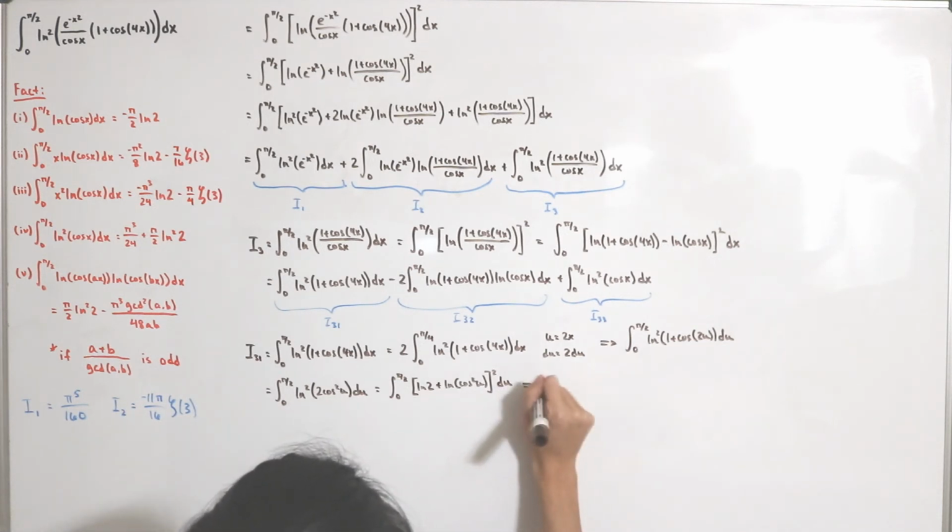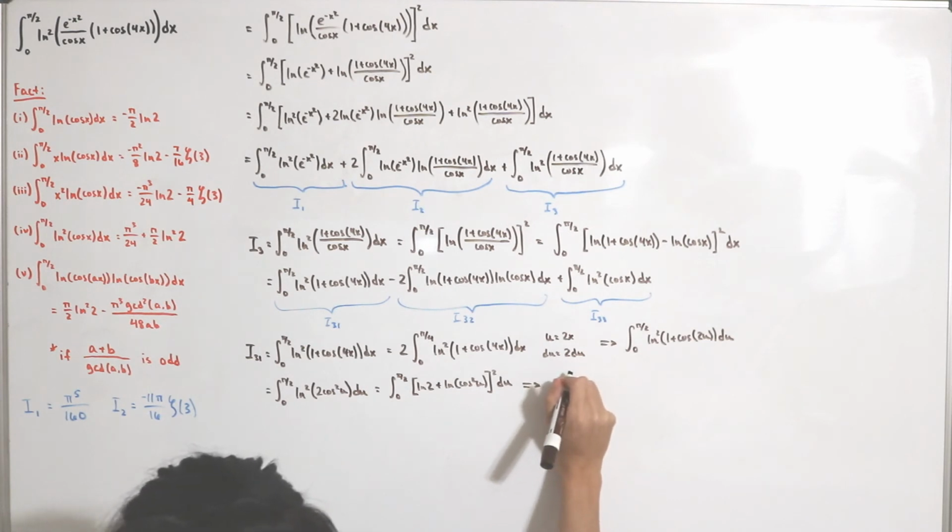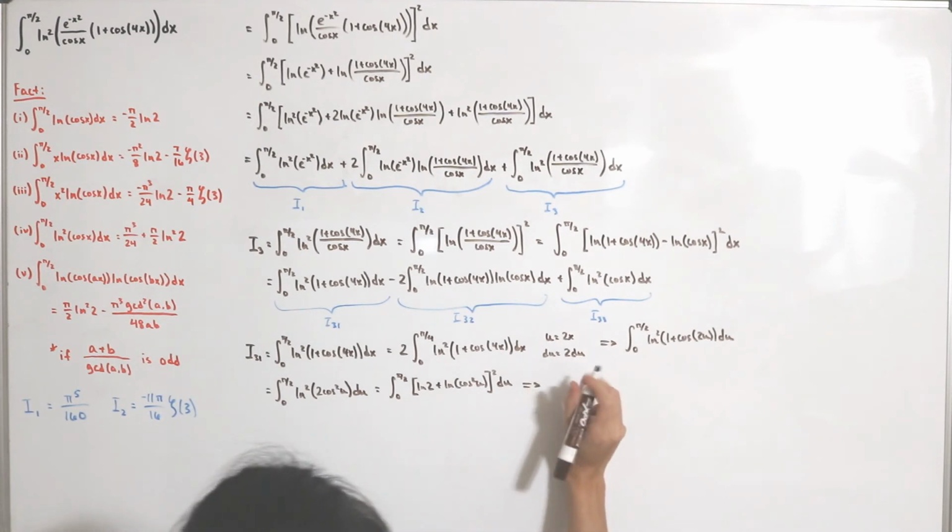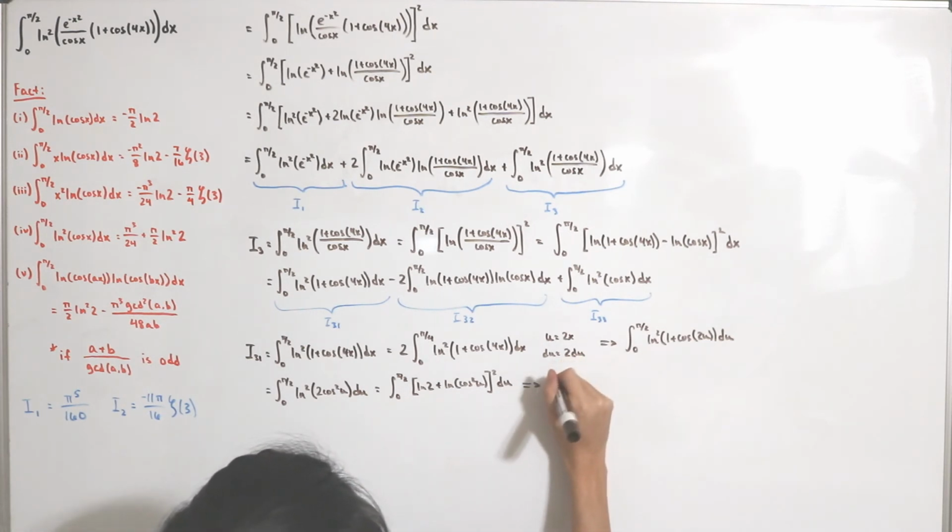Now what we can do is use our FOIL method on the inside, so we get that. And also using linearity, I can write this as 3 integrals.